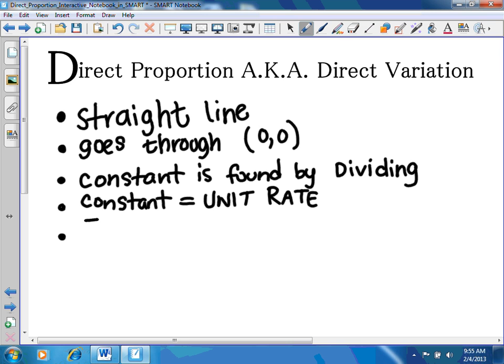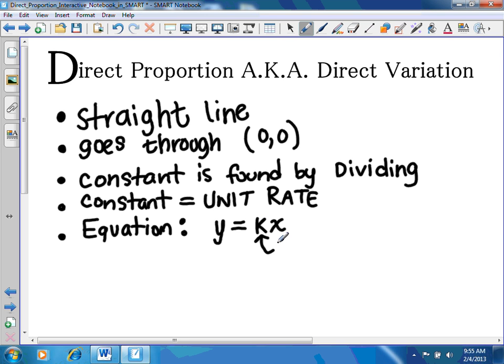And last but not least, the equation. How do you write the equation for direct proportion? It looks like this. Y is equal to Kx.